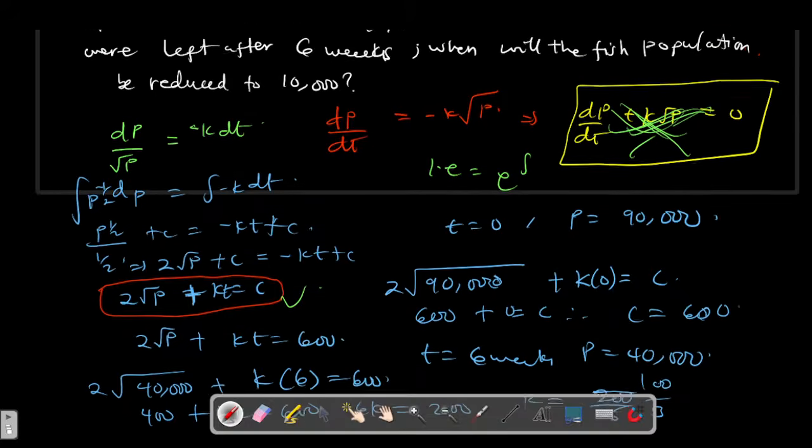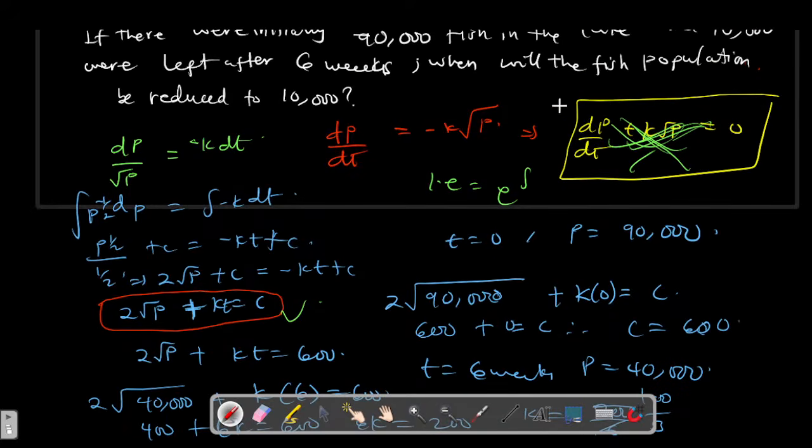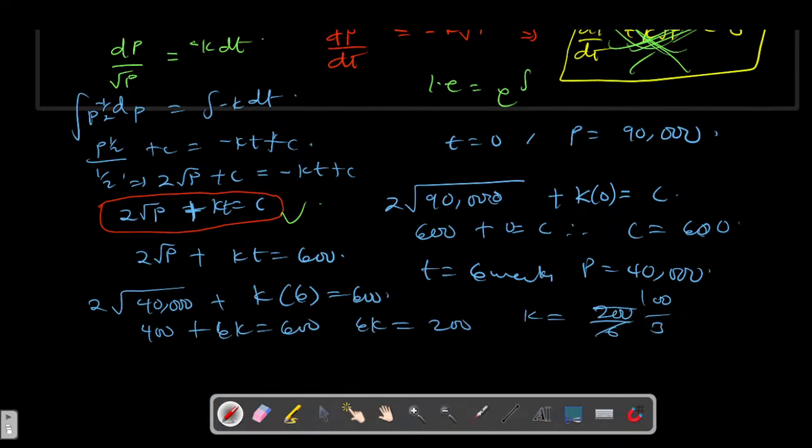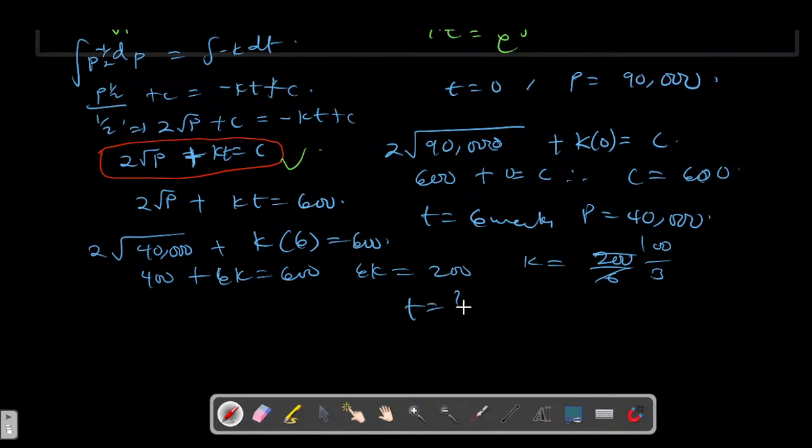But the question is, at what time will the fish population be reduced to 10,000? Meaning we are now looking for t, and p is equal to 10,000. But we know our k, so let me rewrite the equation. My equation is now 2 root p plus 100 over 3 t is equal to 600. Now I want to find the value of t when p is 10,000. I simply put 10,000 here.